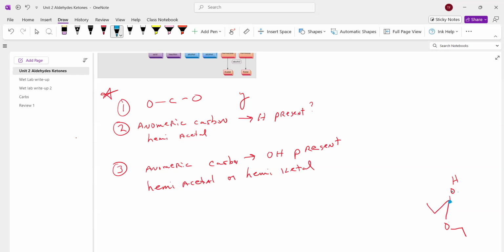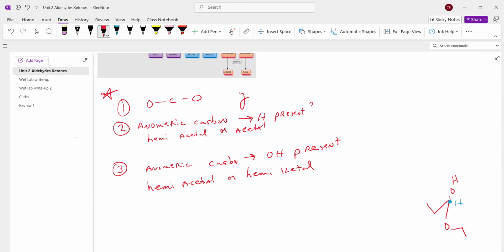Okay, number two, is H present with the anomeric carbon? Yes. H right there on this carbon. Yeah, one of the acetals, hemi or full acetal.